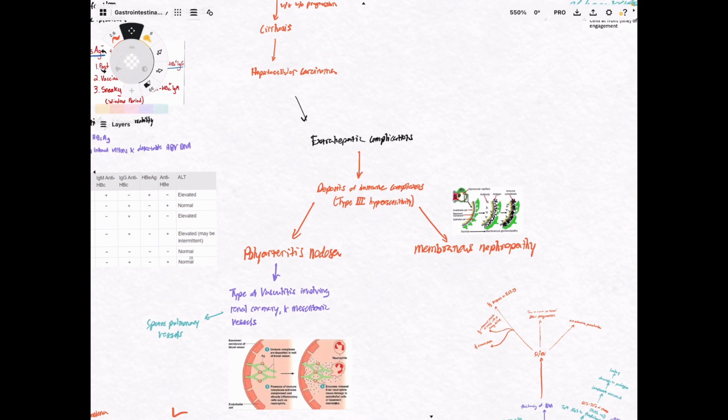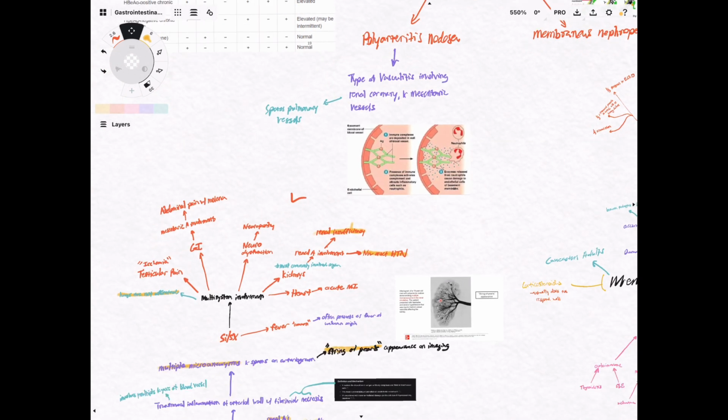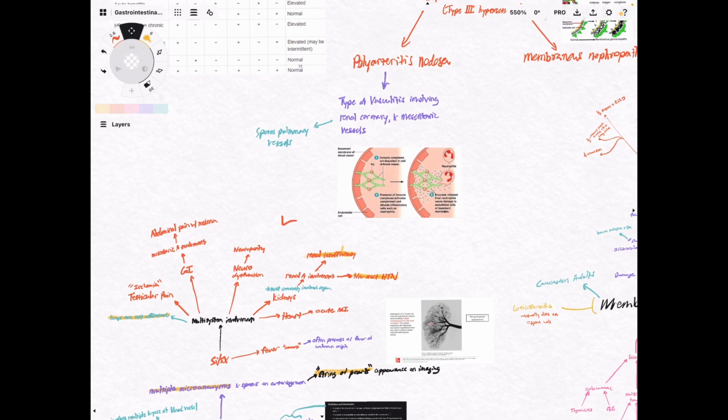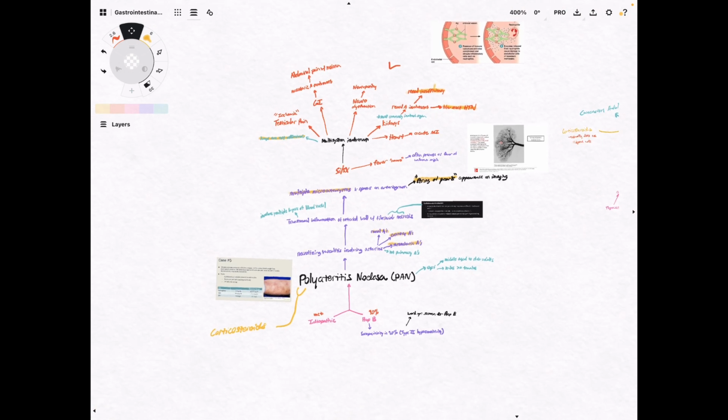Okay, some extrahepatic complications are polyarteritis nodosa and membranous nephropathy. And these are both type 3 hypersensitivity reactions. So polyarteritis nodosa is a type of vasculitis involving the renal, coronary, and mesenteric vessels. So it affects the heart.